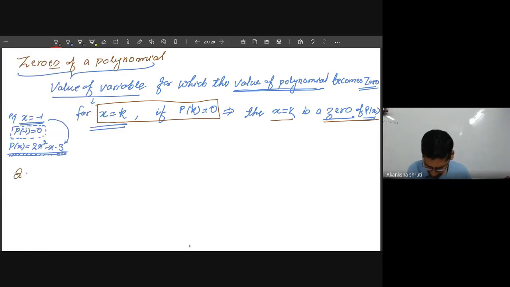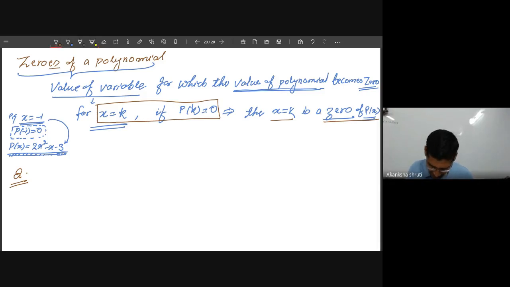How the question is framed: you have to check. First we will calculate the value, then we will also check whether it is a zero or not.